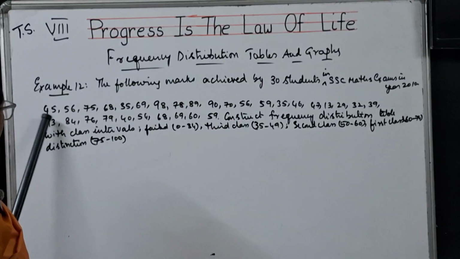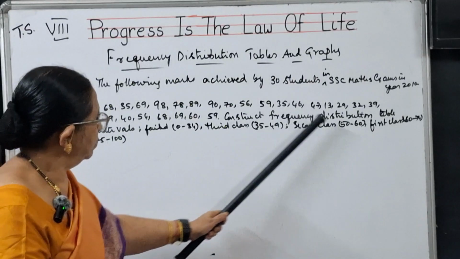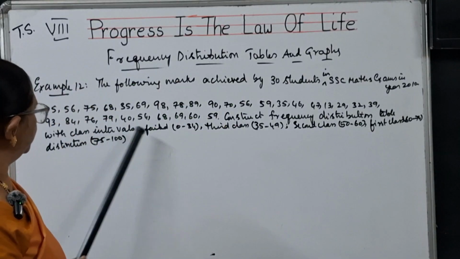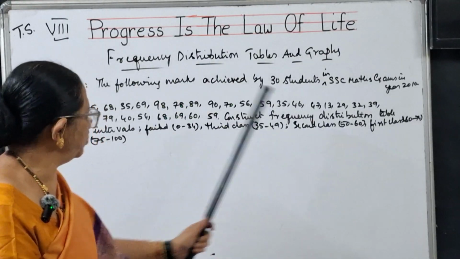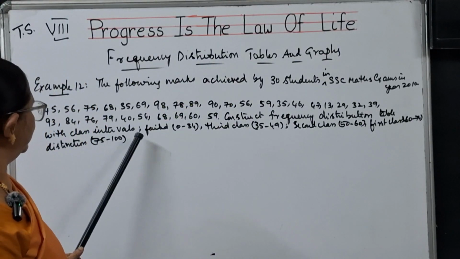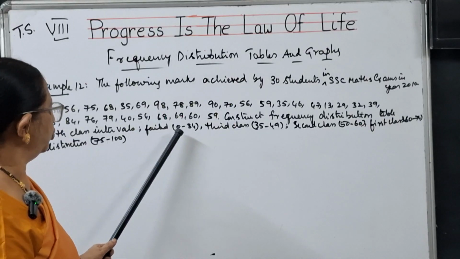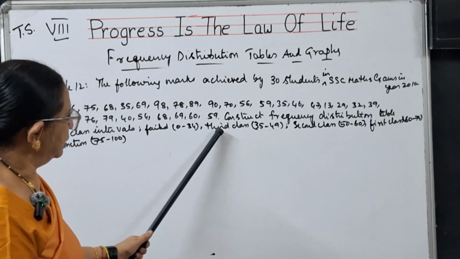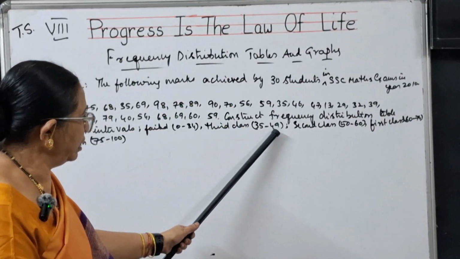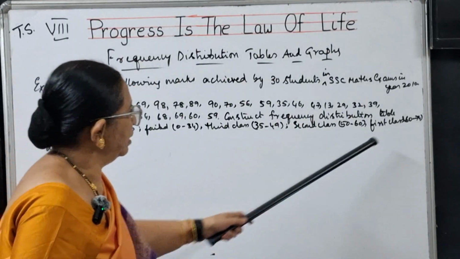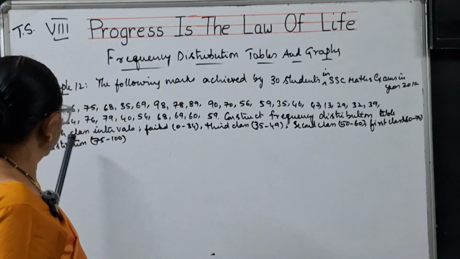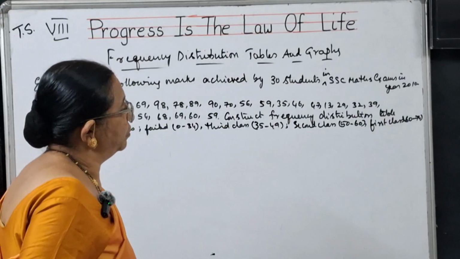These are all the marks secured by 30 students. Now you have to construct a frequency distribution table with the class intervals. Failed class should be 0 to 34, third class 35 to 49 marks, second class 50 to 60 marks, first class 60 to 74 marks, distinction 75 to 80.